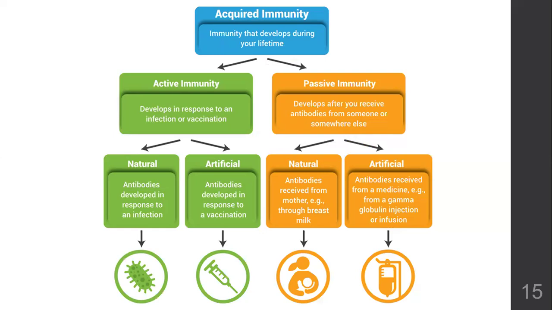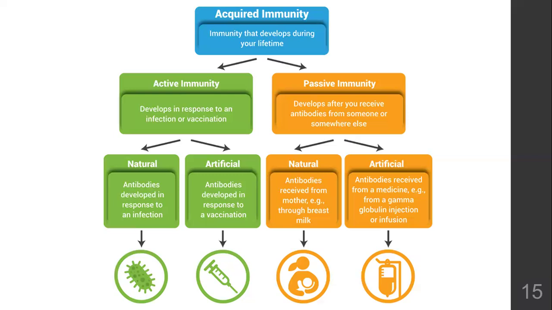So in acquired immunity, if you see the classification, there is active immunity and passive immunity. Active immunity happens in response to vaccination or in infection as well. You get an infection, or you take some vaccine.